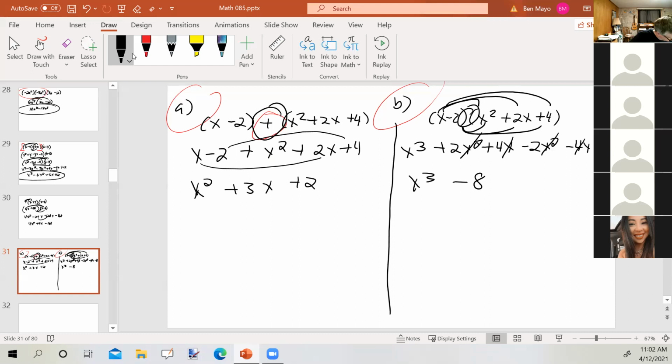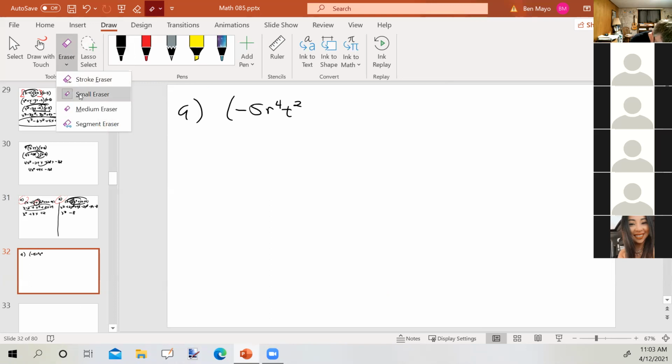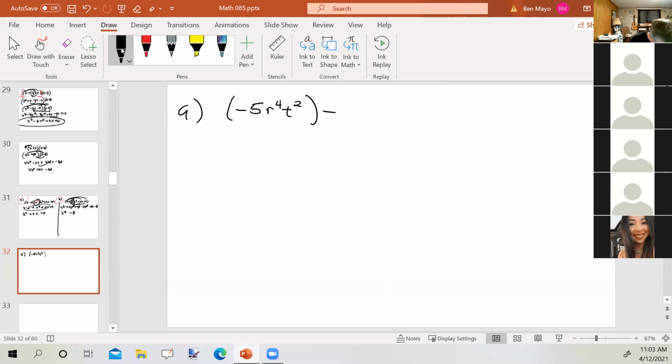Let's see here. How about this one? We've got negative 5r to the 4th t squared, and part B is negative 5r to the 4th t squared times 2r squared t.